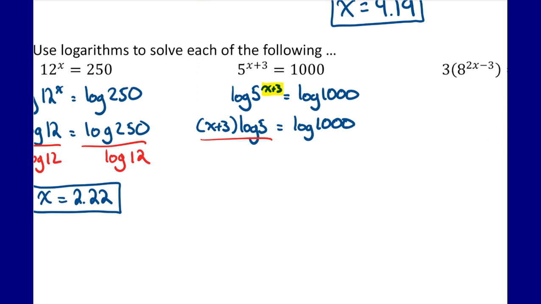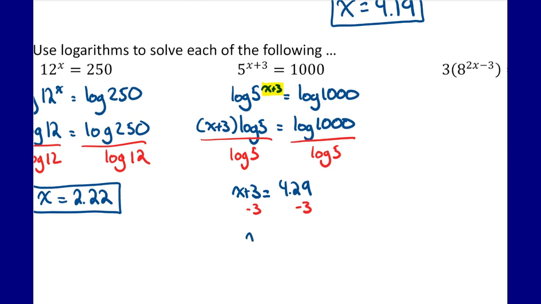I'm going to divide by log 5 first. One side will cancel out. We'll end up with x plus 3 is equal to 4.29. Now I'm going to again work to isolate x. So I'm going to subtract 3 from both sides.